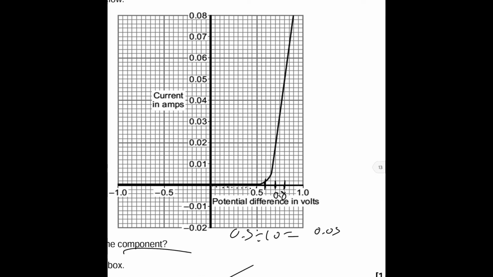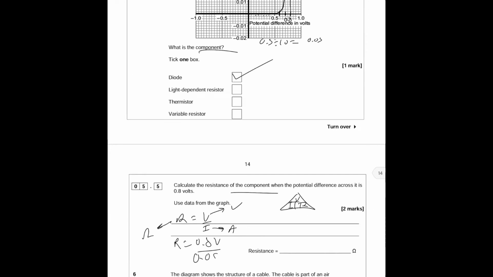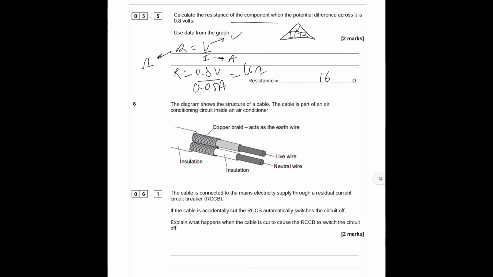So this is 0.8 volts, which should lead to approximately 0.05 amps. So you can just put 0.05 amps, right? And that should give you about 0.8 divided by 0.05 amps. That's about 16 ohms. There you go, you scored that 2 marks.